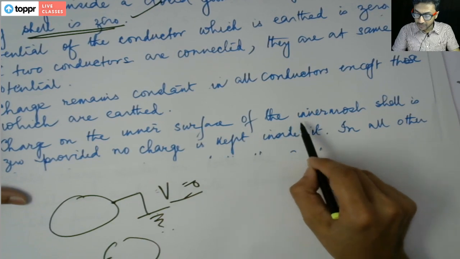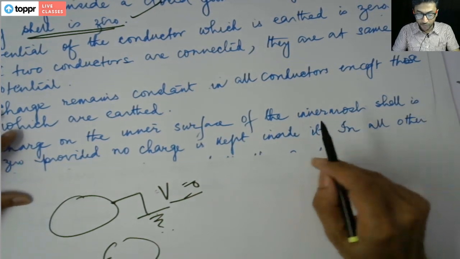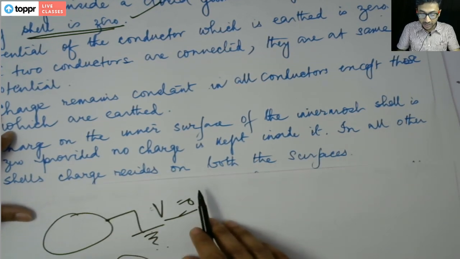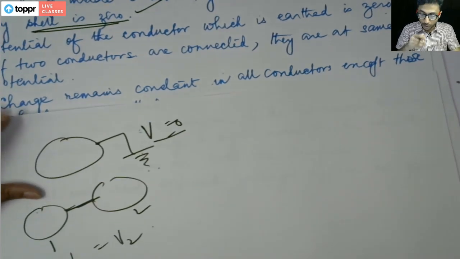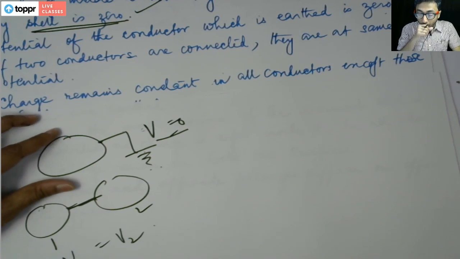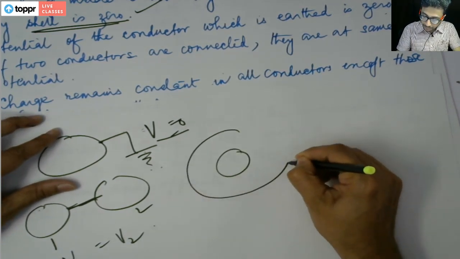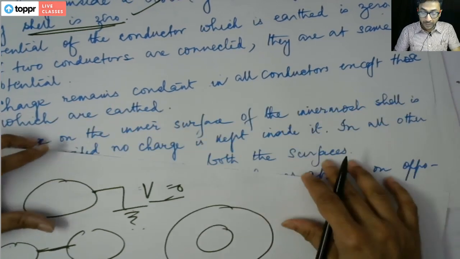Charge on the inner surface of the innermost shell is 0 provided no charge is kept inside it. In all other shells, charges reside on both the surfaces. Suppose we took two shells, right? We give charges.